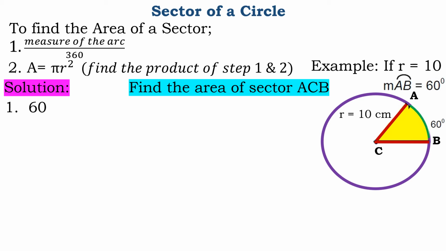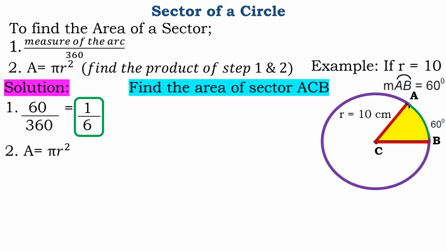So, number 1, the measure of the arc, which is arc AB, is 60. Divide it by 360. So, it is equal to 1 over 6. So, that is our answer in number 1. Step 2, find the area of the circle.